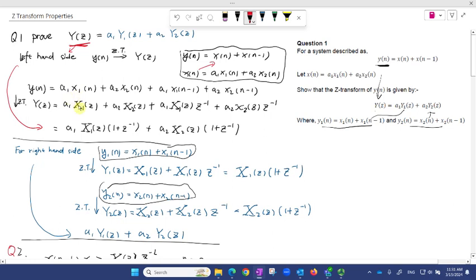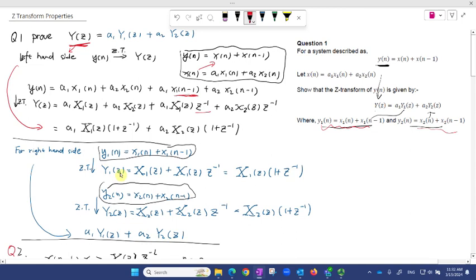The only thing you want to pay attention to is that the time delay in the z domain is z to the power of -1. That's the only difference. And we can collect terms. We got this form.